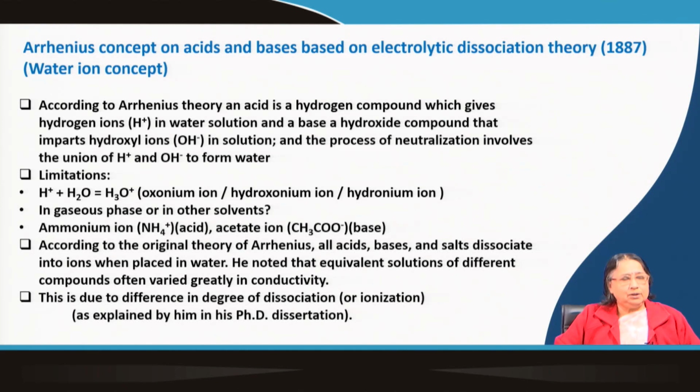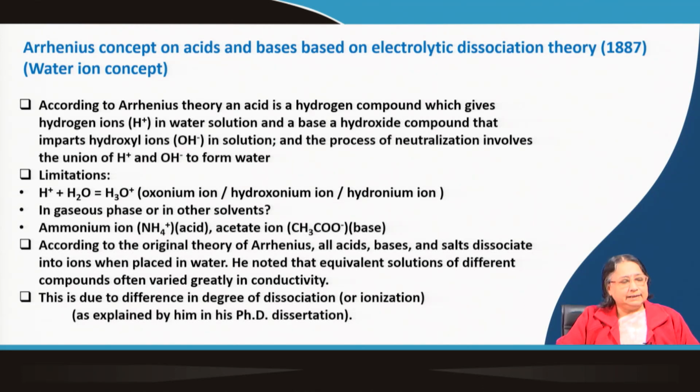For example, we all know now that the proton H plus cannot stay as such because of its high hydration energy. It immediately combines with a water molecule to form H3O plus, which is the oxonium ion. It is also called the hydroxonium ion, and it can also be called the hydronium ion.